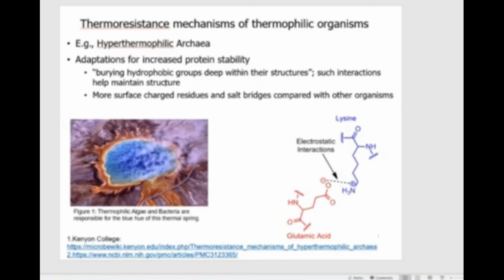First is hydrophobic interaction. You have amino acids with hydrophobic R chains. They like to stay deep within the structure. They don't like to be out. They like to be inside. This kind of chemical reaction helps maintain a normal protein structure.